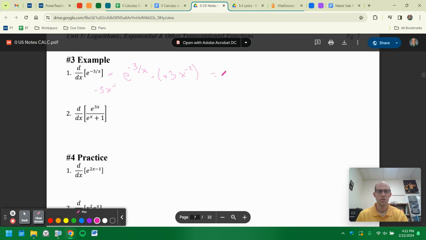Rewriting that a little more formally, that would be e to the 3 over x. This is a negative power, so let's write it as a big fraction bar. That 3 doesn't have a negative power, so it goes in the numerator, and x squared is in the denominator.